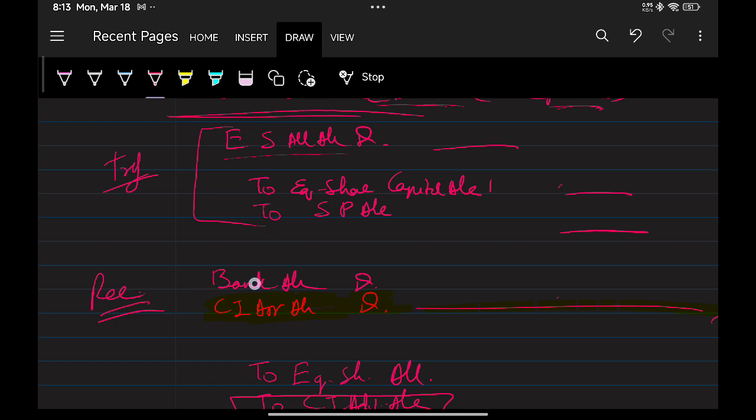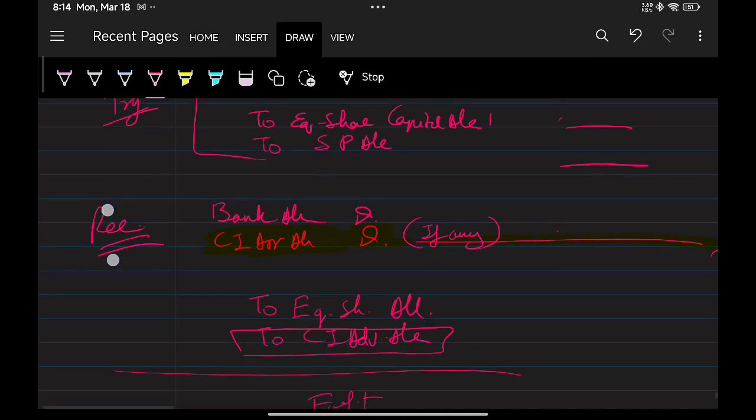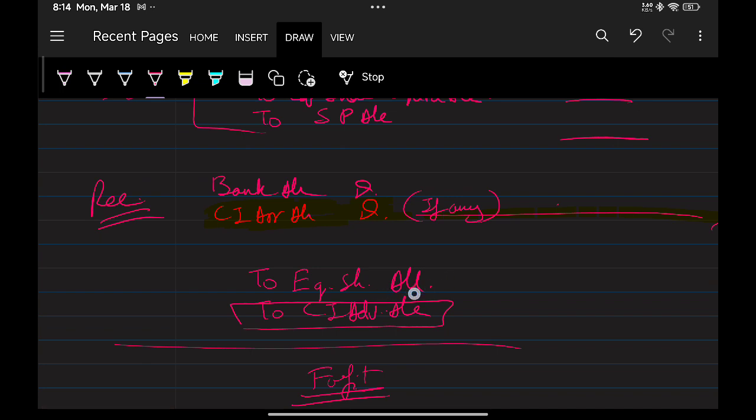Then the journal entry will be bank account debit, calls in arrears account debit if any. That's calls in arrears: if any person didn't pay the allotment money, we have to put calls in arrears. And then to equity share allotment. If a person paid the first and final call money in allotment itself, at that time calls in advance will come.